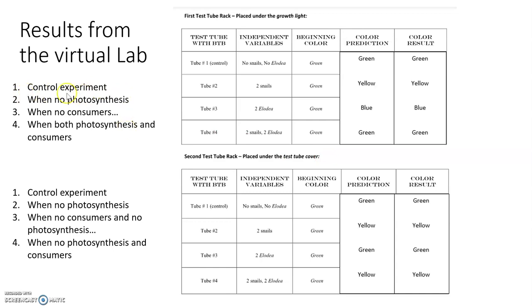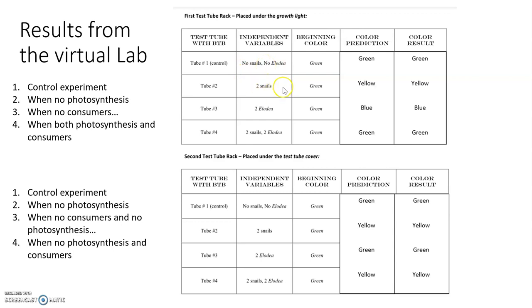If I were to quickly run through what happens in the different test tubes, this is light conditions over here, test tube 1, 2, 3, and 4. Test tube 1 is of course just a control experiment, so there are no organisms in there, and we really just want to see that the indicator stays the same color, because if something did happen there, then we couldn't really use this setup to test the effects of snails and Elodea, right?